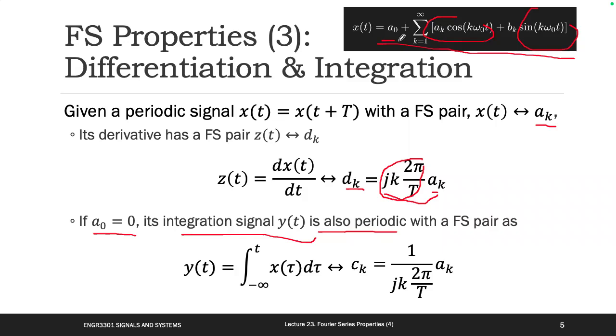For example, say x(t) has this constant A. If you integrate A, what does that mean? Here, for example, we go from negative 10 to 10.